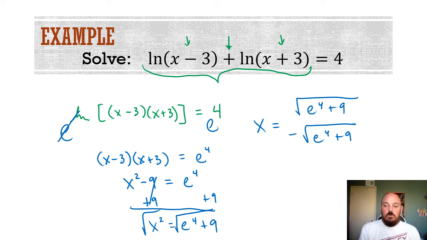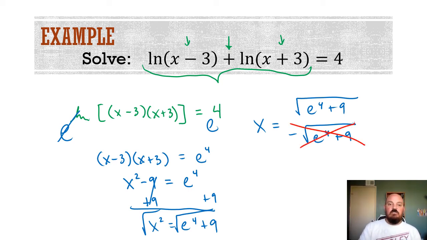Now, when you go to test, this is obviously a very messy one. You're not going to test this by hand. You would probably want a calculator and type it all out. One thing I can do without a calculator is just by looking at the problem, I can tell that the negative one is extraneous.